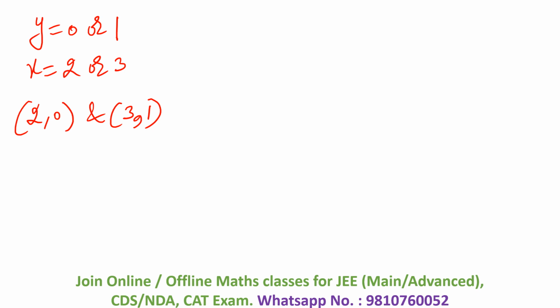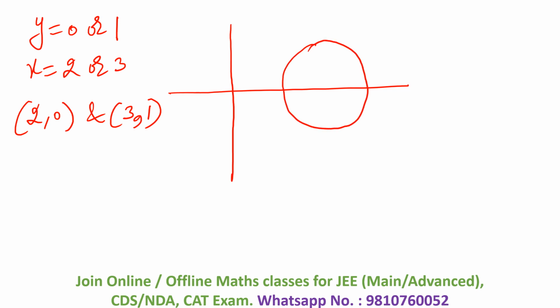Now let us make the figure again. This point is 3, 0. This is 2, 0. And this point will be 3, 1. Now obviously the line joining 3, 0 and 3, 1 will be perpendicular to the x-axis.